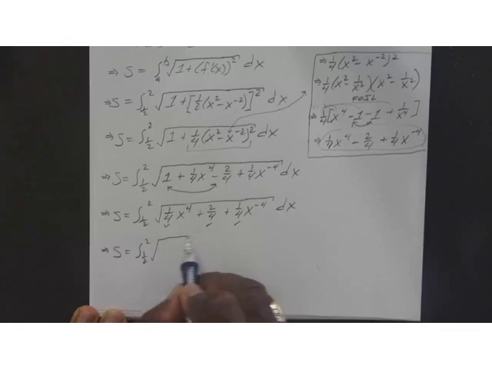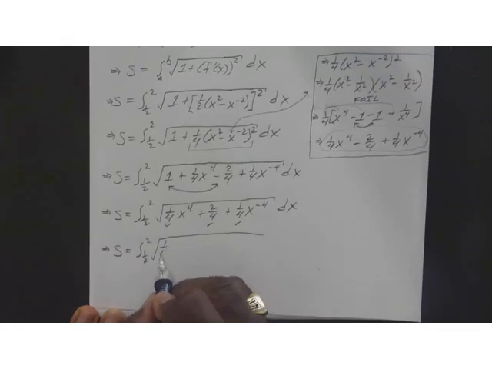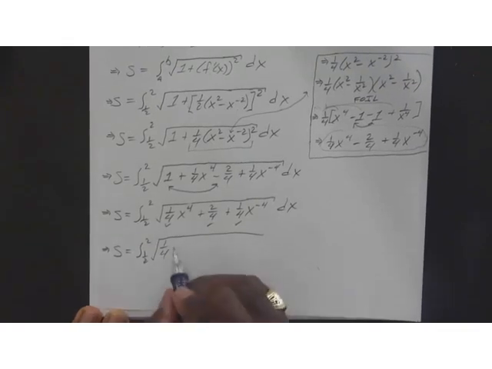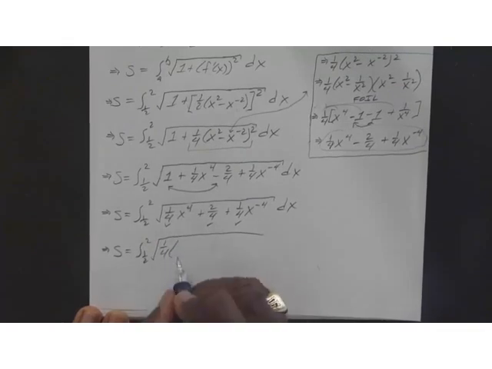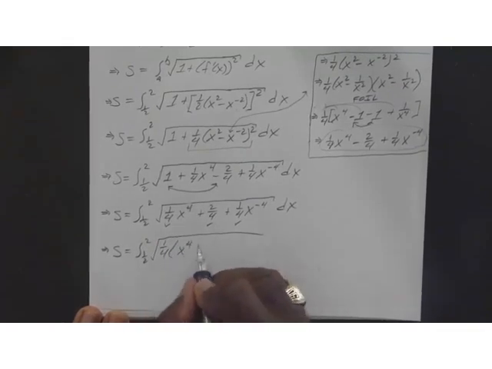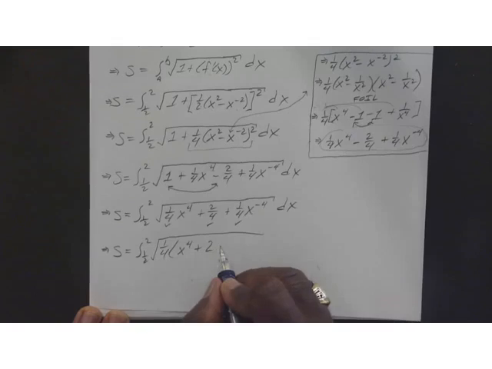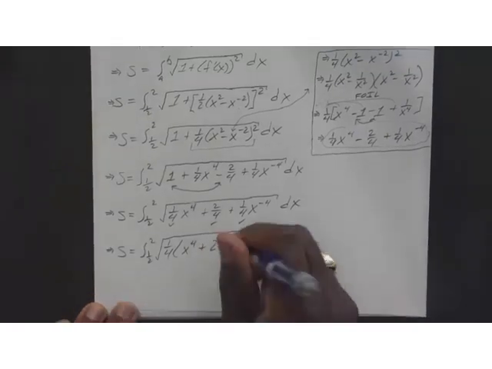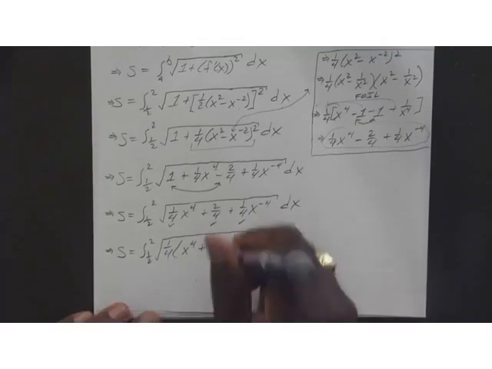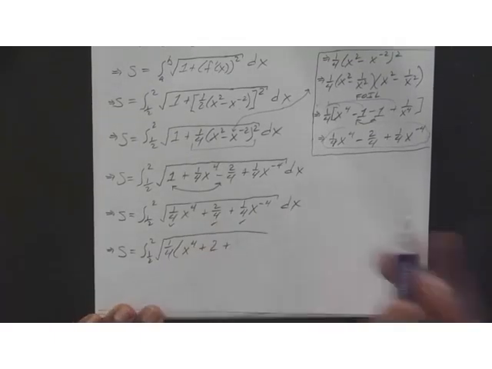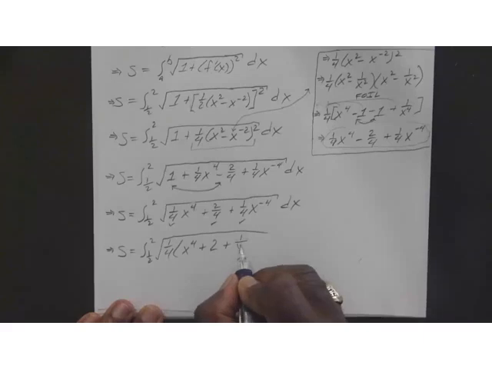So that's the square root of 1/4 times x to the fourth power plus 2 plus x to the negative fourth power. Or you can say 1 over x to the fourth. Doesn't really matter. We'll say 1 over x to the fourth.